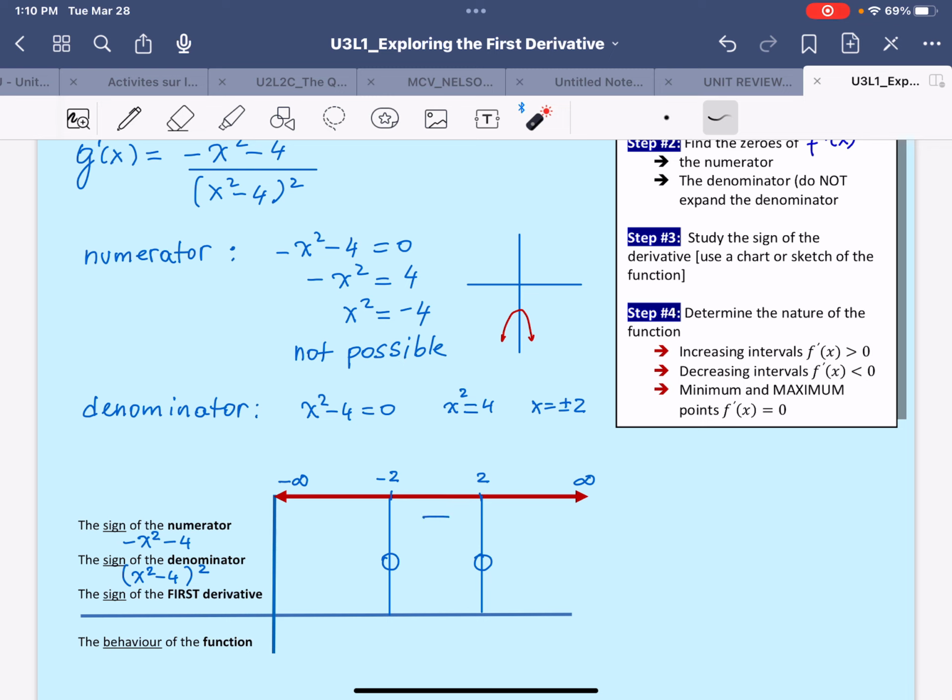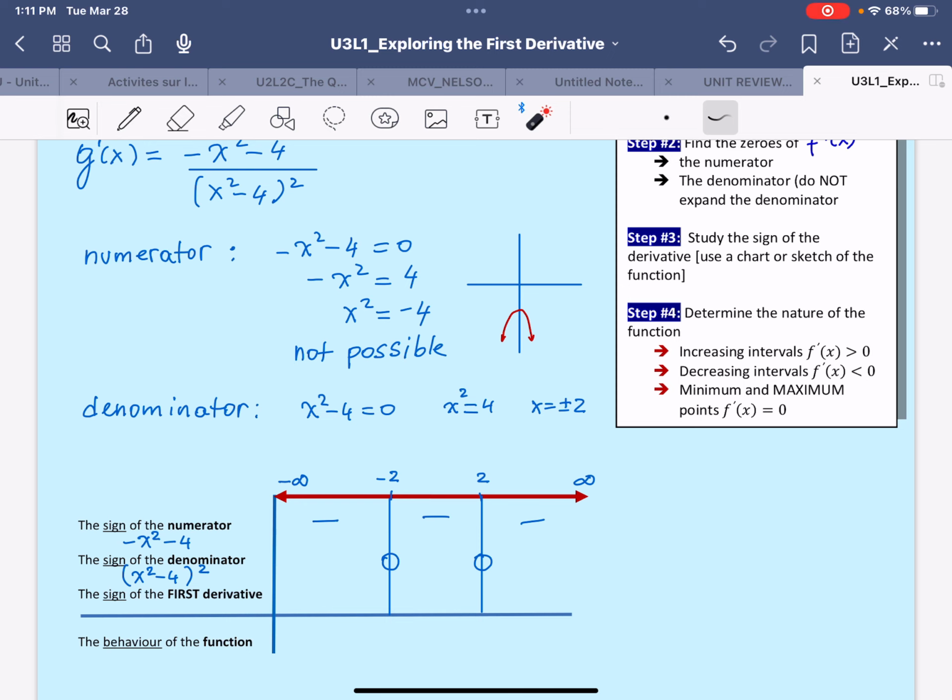If x equals negative 100, a negative number raised to the power of 2 will be positive, and then with a negative in front of it, that will be negative. And numbers 2 and beyond will also give this expression a negative value. If you have 1 million in here to the power of 2, there is not enough room for 1 million, but you get the idea.